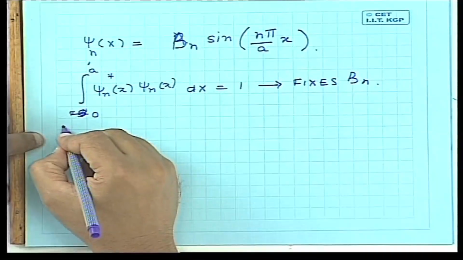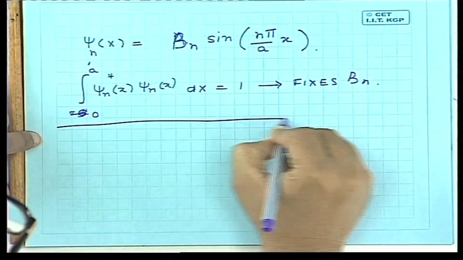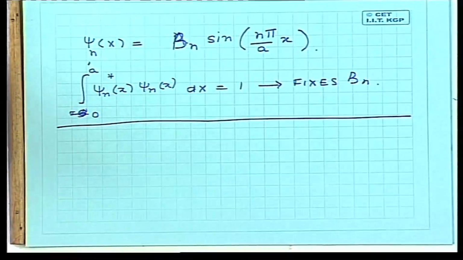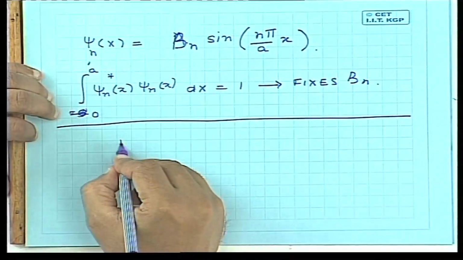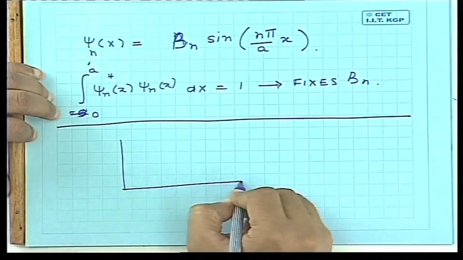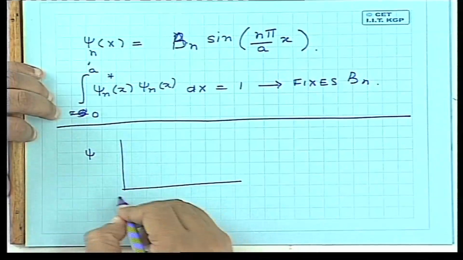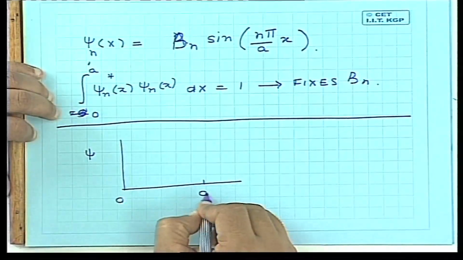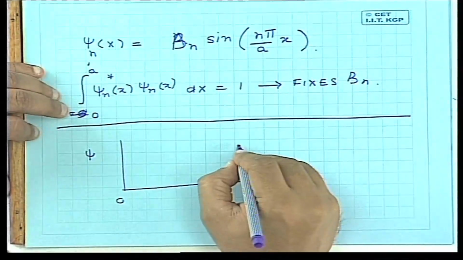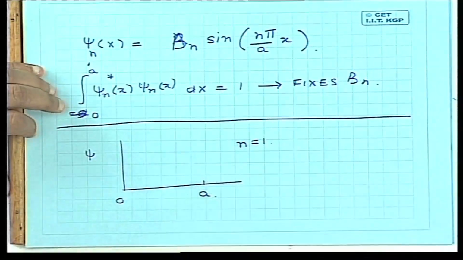Okay. So now let me draw a few of the wave functions. So if this is psi, this is 0, this is a, let us look at n equal to 1.